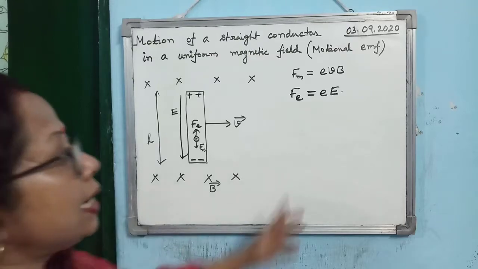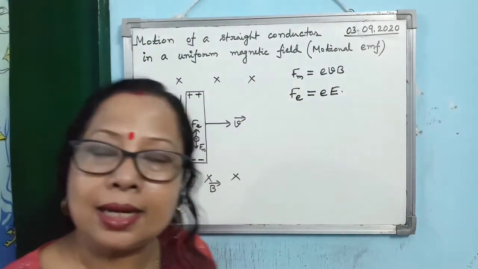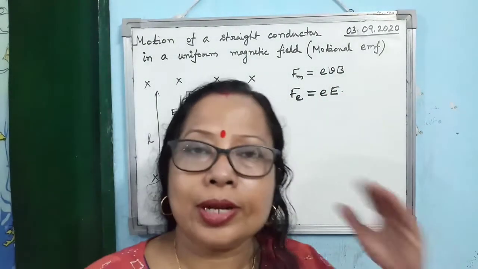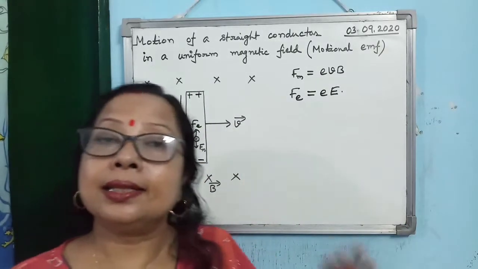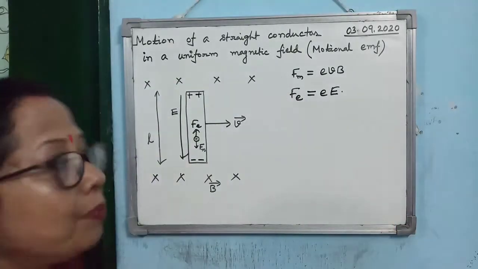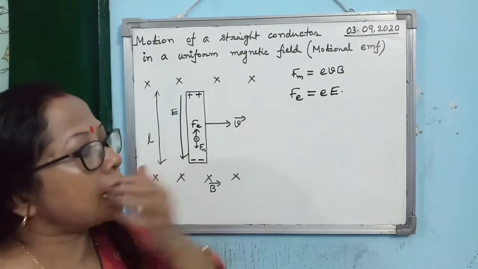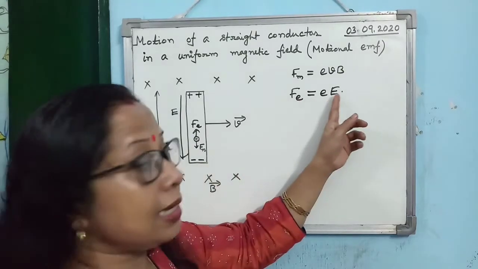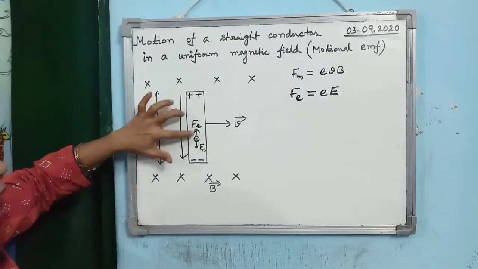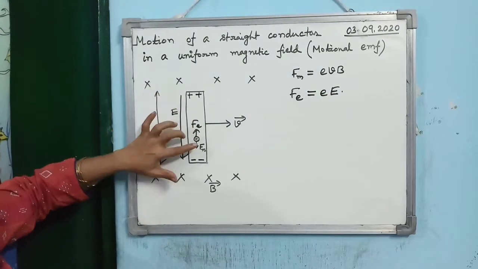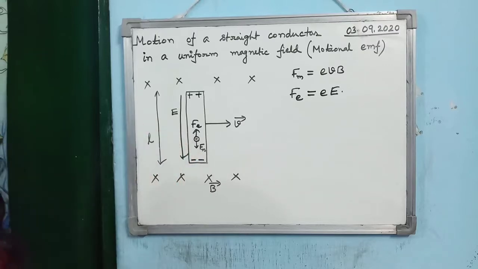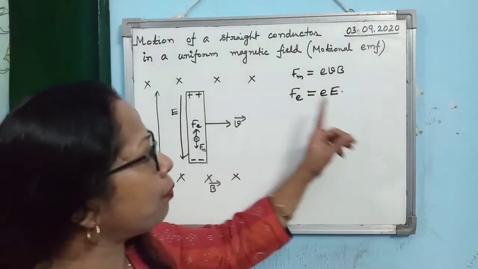Initially only the magnetic force was there. Due to the magnetic force, electrons accumulate at the lower part, and then an electric field develops. So the electrons experience an electric force eE also. Look at the diagram: the electric force is acting in the upward direction, and the magnetic force in the downward direction.